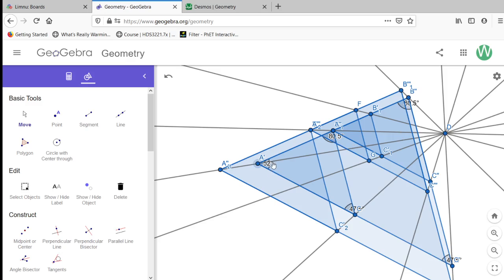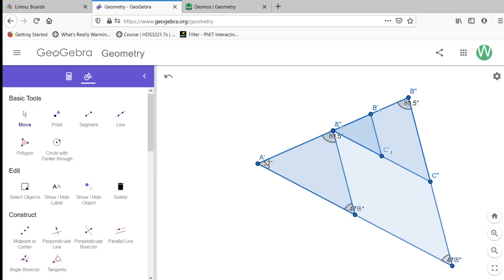And again, the 52s are actually in exactly the same place because that's where we scaled it from. So these are all similar polygons. They are all positioned relative to each other in these shapes. So those are really the keys to the similar polygons.